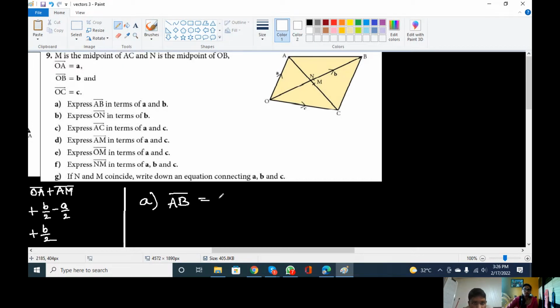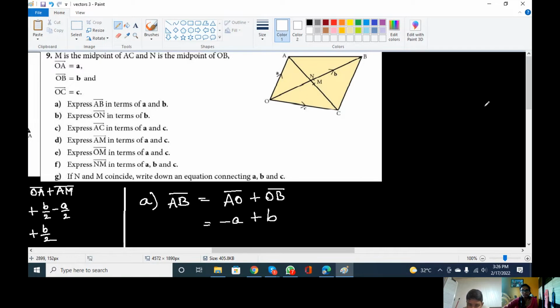So OA is A and OC is C. A to the B is first AO plus OB. So AO is what? AO is minus A and OB is B, so B minus A. Right.